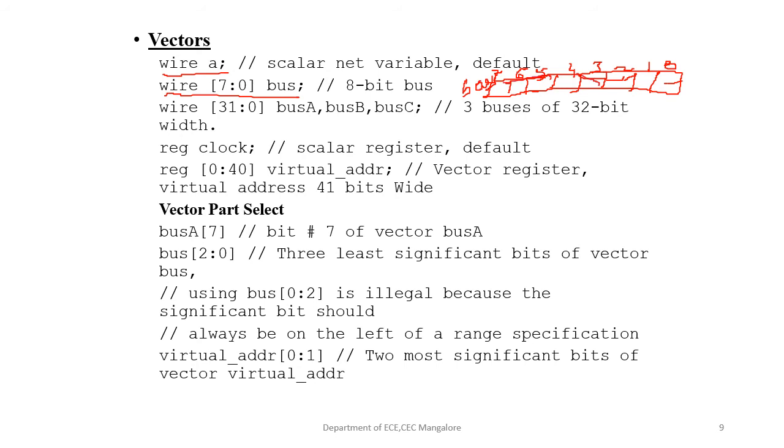So the declaration of this type of wire is where 7 is to 0. You can declare any numbers.